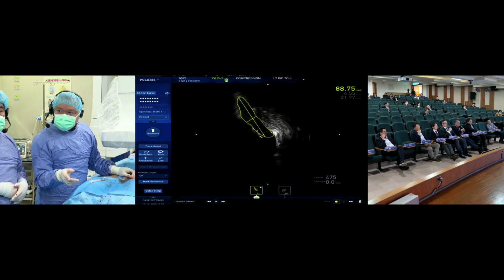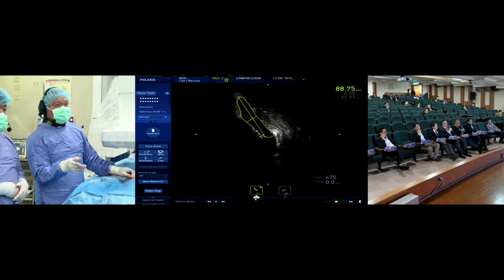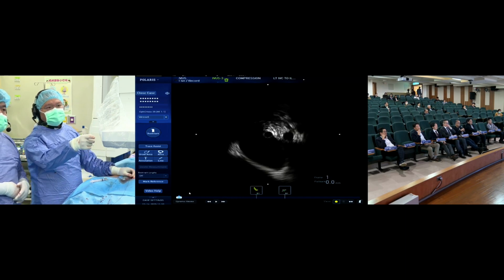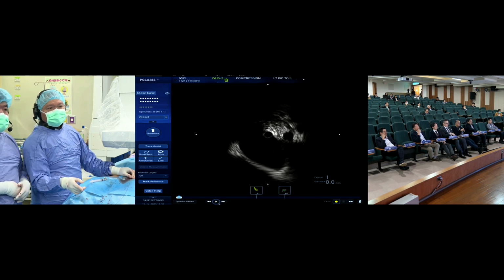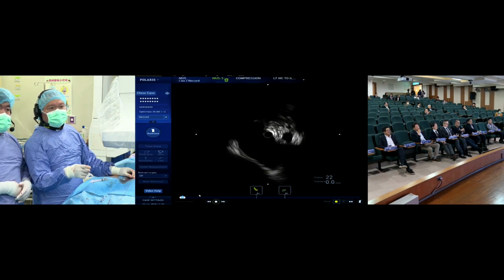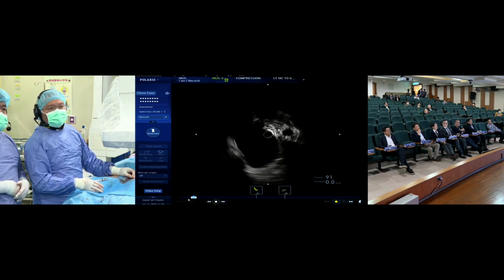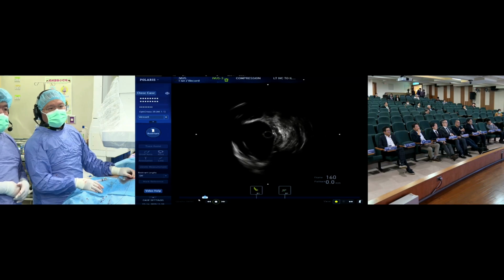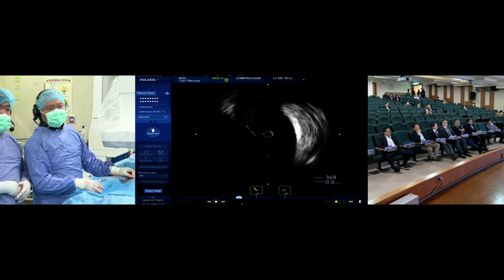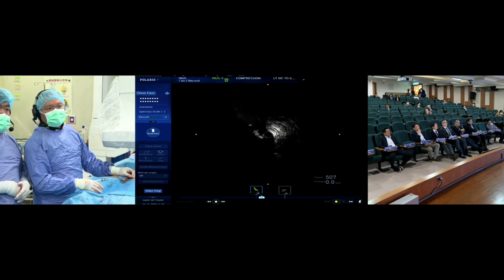There are still a lot of collaterals. You can see that this is the IVC. Okay, please play. This is the IVC. It is not a very tight lesion, but there is still some outer compression here.